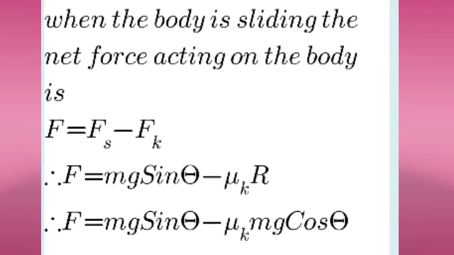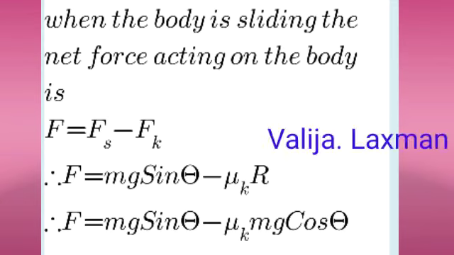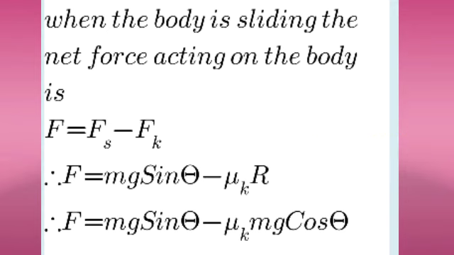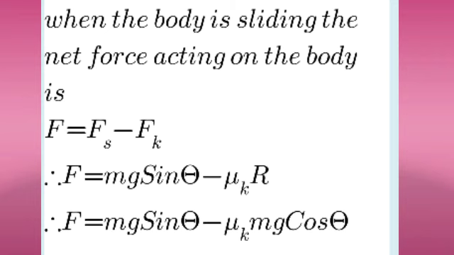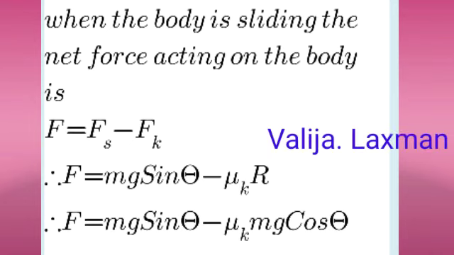Now substituting the values, F is equal to ma, Fs is equal to mg sin theta, and Fk is equal to mu k into mg cos theta. So we can write ma is equal to mg sin theta minus mu k into mg cos theta.